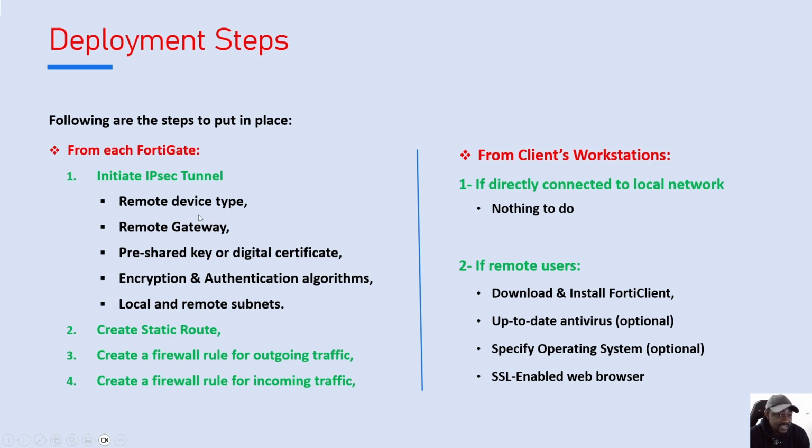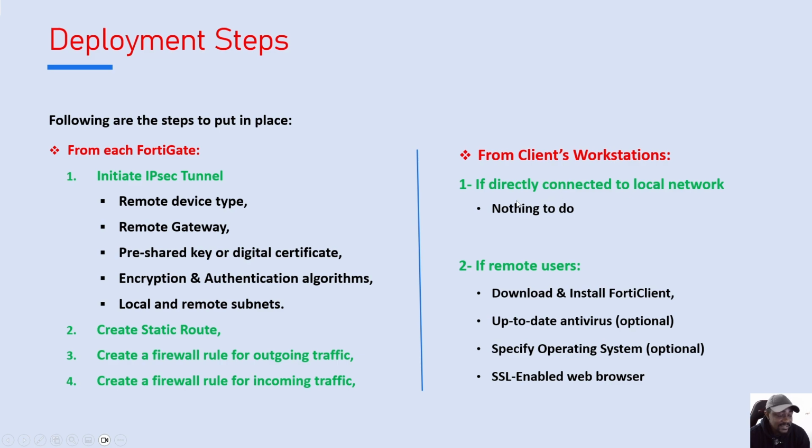After this is initiated, you need to create a static route. Then you create firewall rules for outbound traffic and inbound traffic. So if you want to have traffic in both directions, you need to create two firewall rules. From the client's workstation, if a client is directly connected to one of the subnets that you decided to include in the phase 2, there is nothing for that user to do on his workstation.